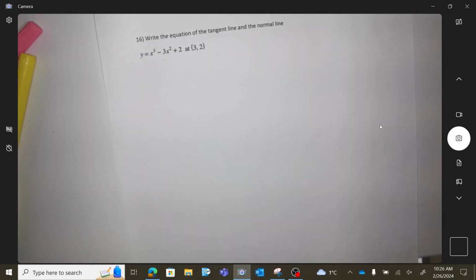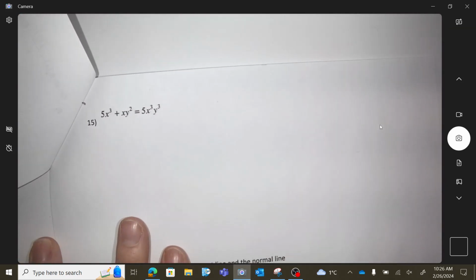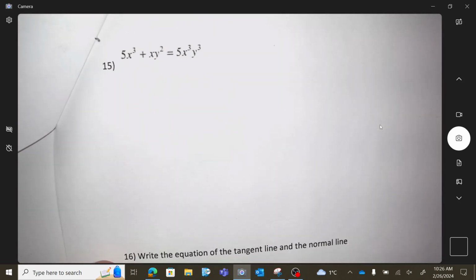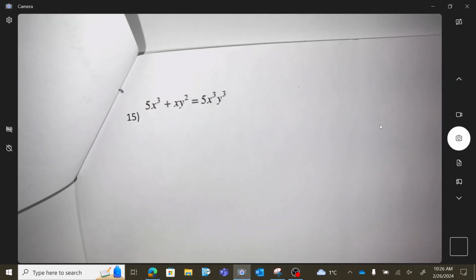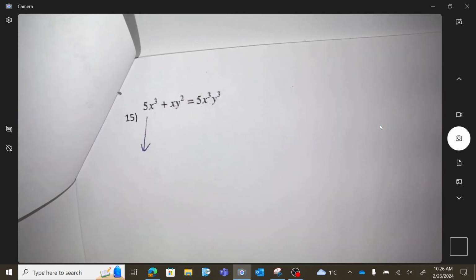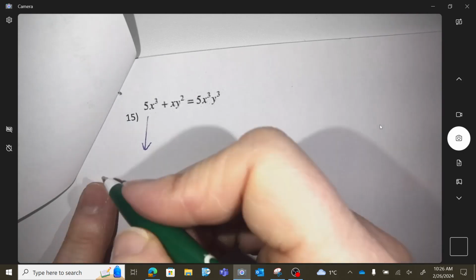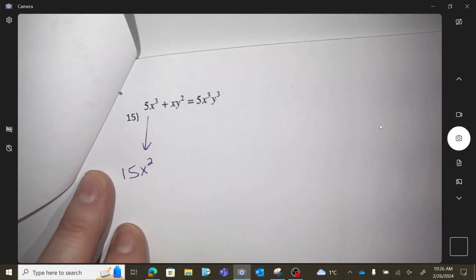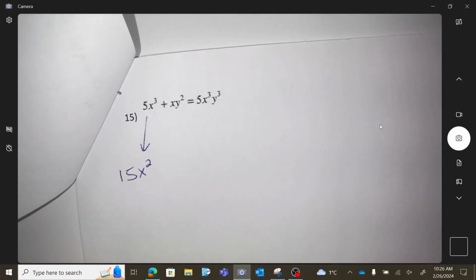Okay, this one we're going to do is a little bit harder. So this is 15x squared, and I derived it with respect to x, so no attachment.